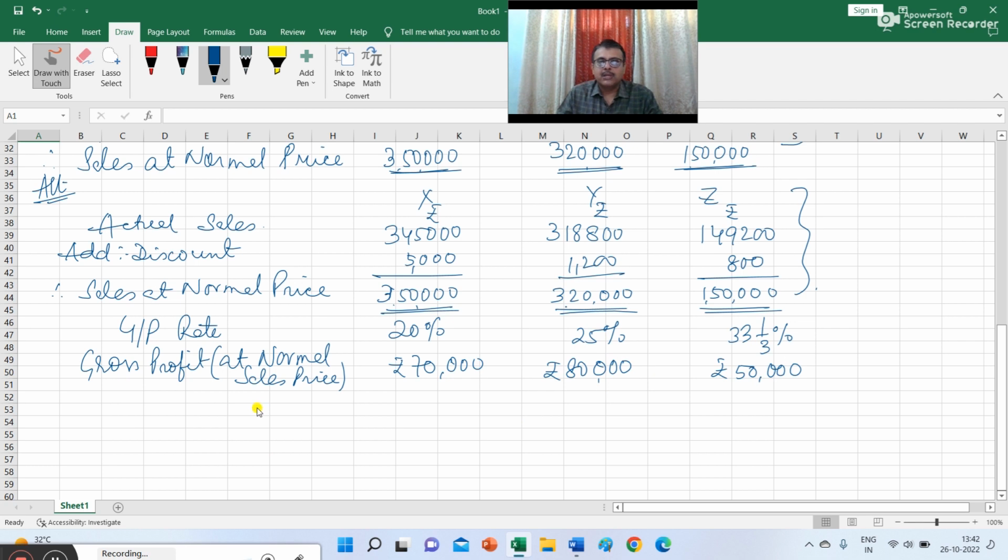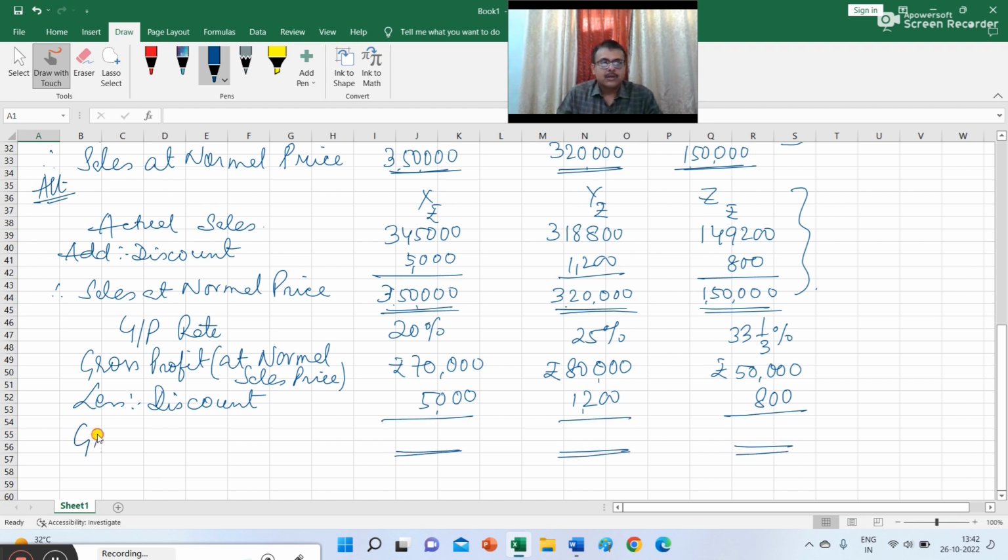Now this is gross profit at normal selling price, but the company has given a discount. So we have to reduce the amount of discount: 5,000, 1,200 and 800. So this is the actual gross profit at actual sales price.